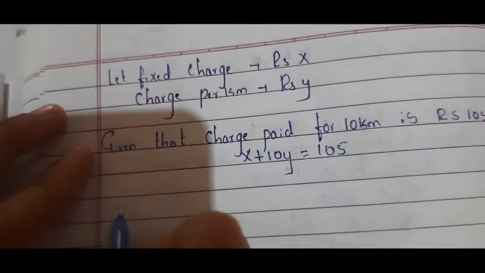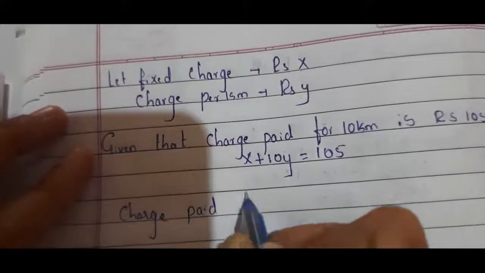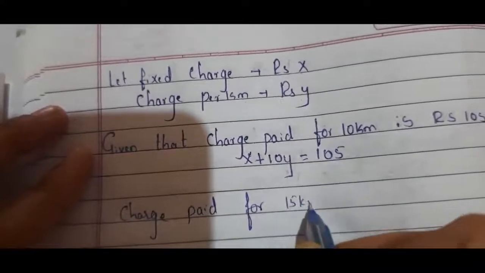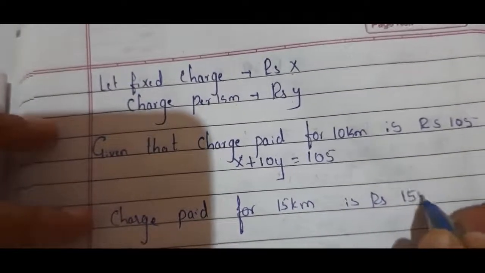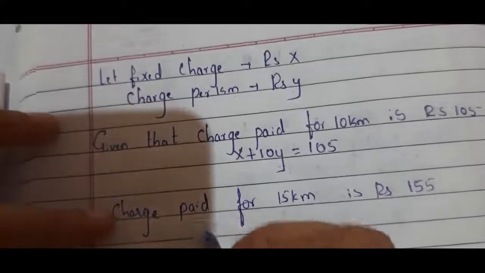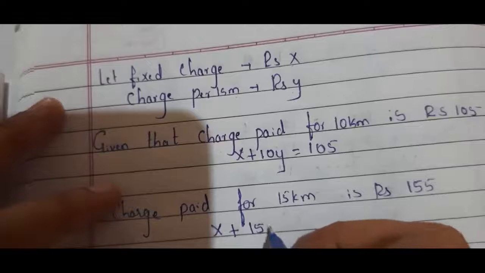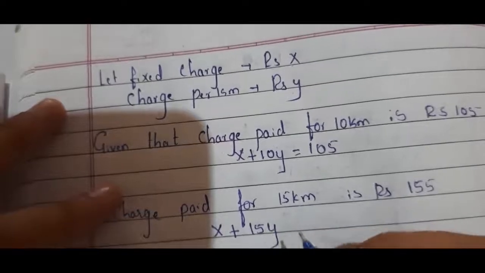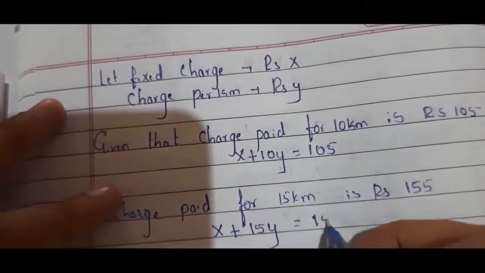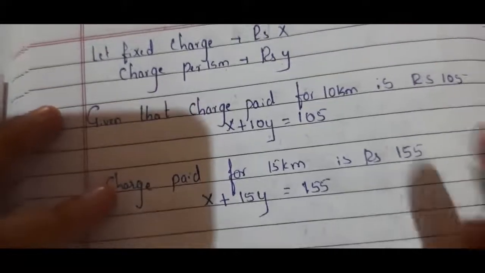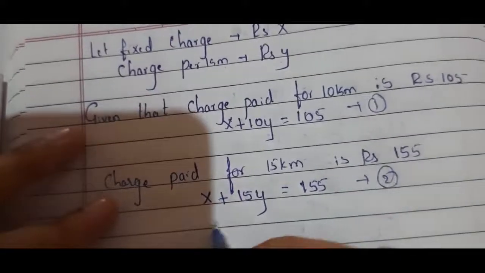Next, the charge paid for 15 kilometers is rupees 155. That is fixed charge plus 15 kilometers traveled, and the total amount equals what here? 155. And these are the two required equations.